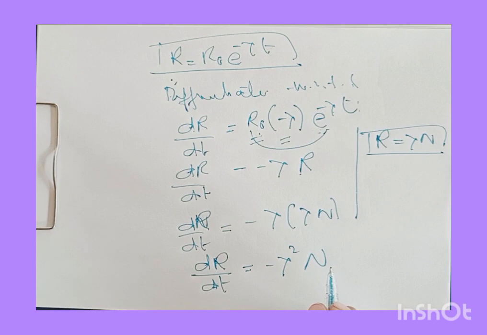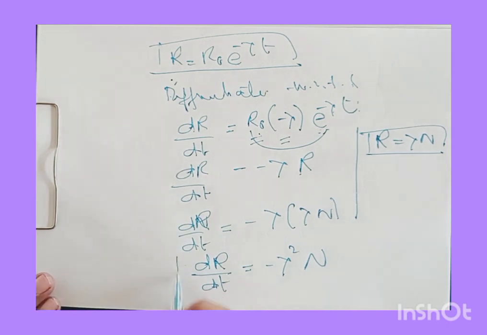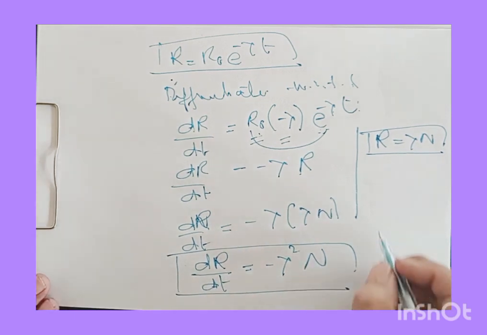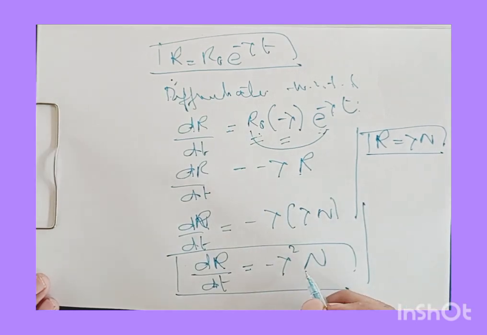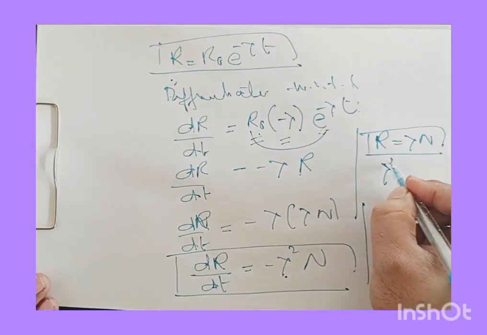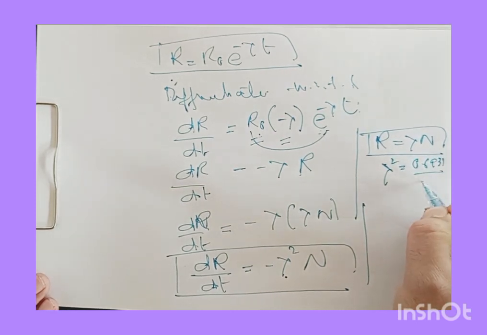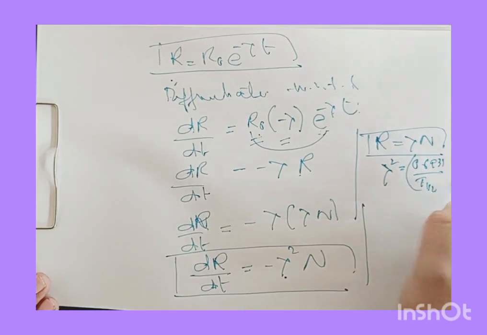We can see that this instantaneous change in activity is dependent on the square of the disintegration constant. We can also find the dependence of this instantaneous rate of change of activity in terms of half-life, by substituting the value for lambda squared, which is 0.6931 by t half, whole squared.